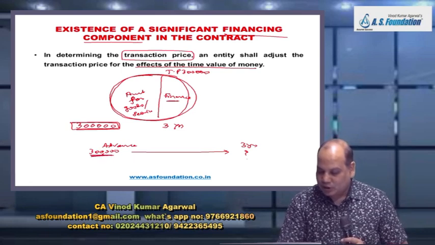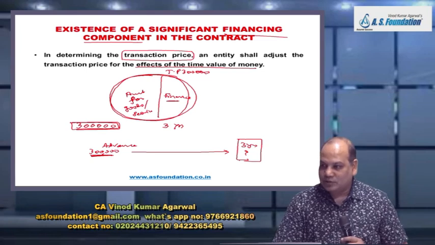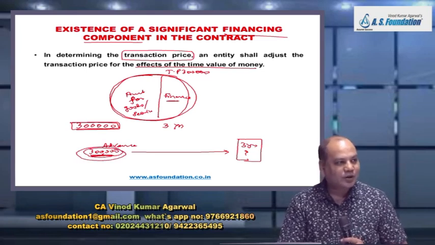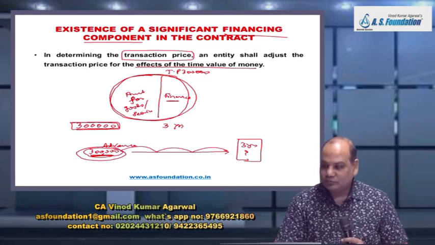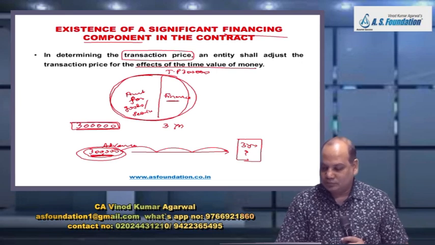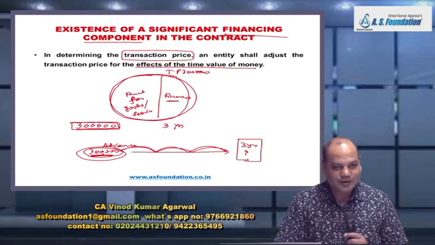The customer is paying you 3 lakh. You are going to sell the product after 3 years. So don't you think you have to pay interest to the customer now? So the revenue that you will be recognizing is by adding interest for 3 years, and that is the amount of revenue you will recognize.